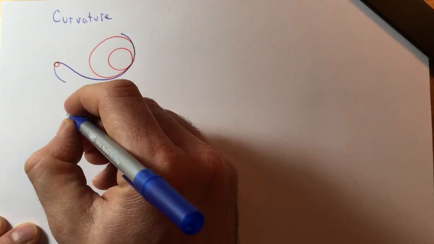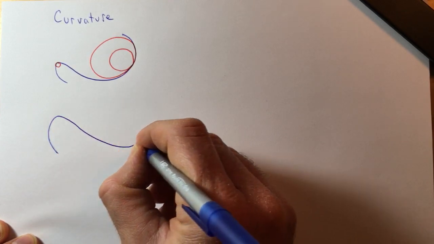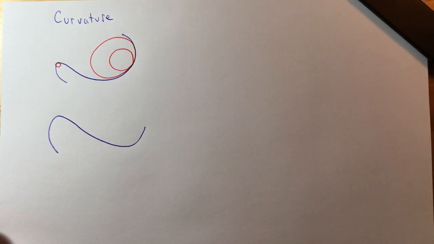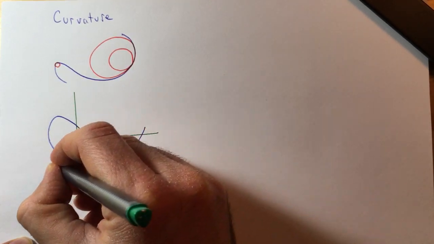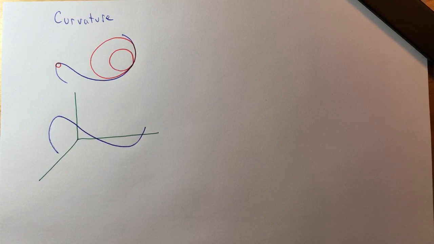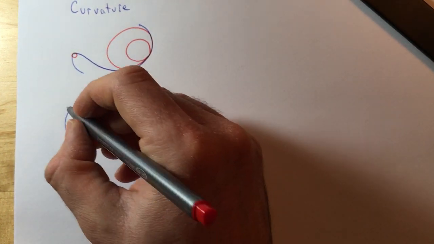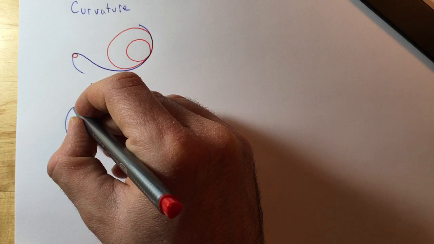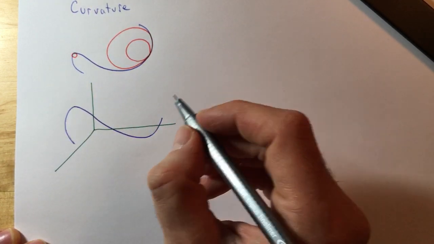So for example, if we have a curve, let's say something like this, and we want to measure how sharply, how abruptly this curve changes at this point, let's say here, we sketch a few unit vectors.